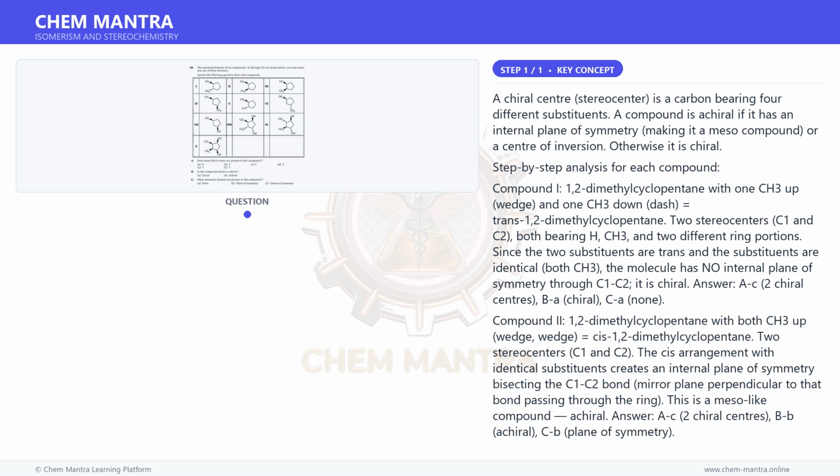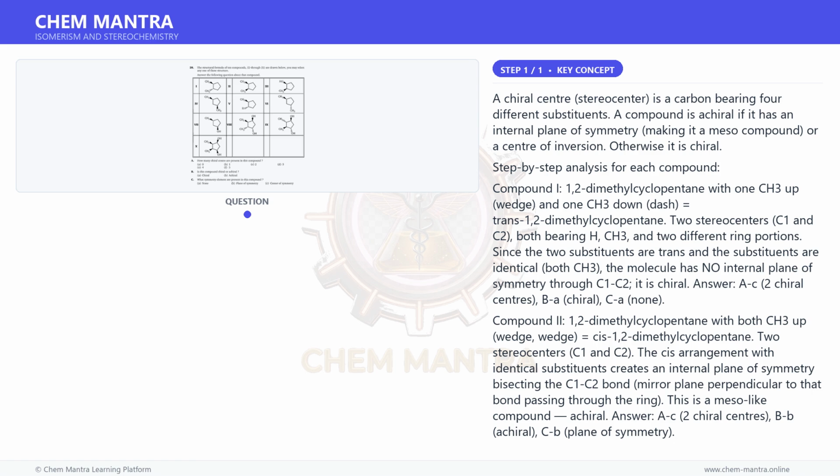If both CH3 are on the same face it's cis, if opposite faces it's trans. The image for 6 shows CH3 wedge, up, at one position and CH3 dash, down, at another 1,3 position, which is equal to trans-1,3-dimethylcyclopentane. But the answer key says 6 is chiral, B, A.